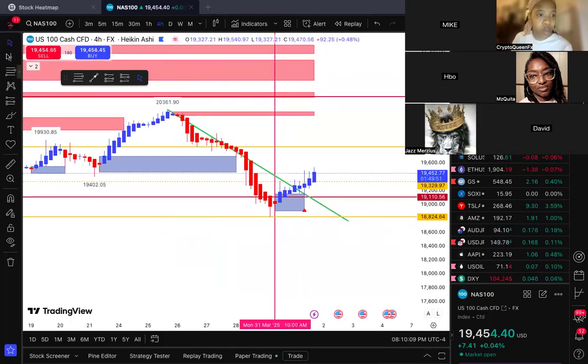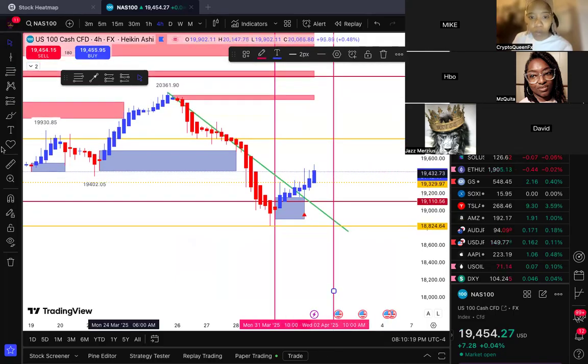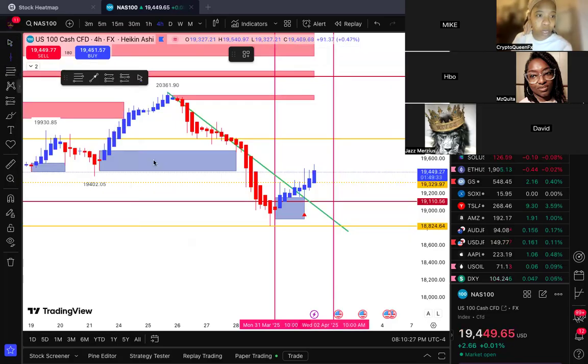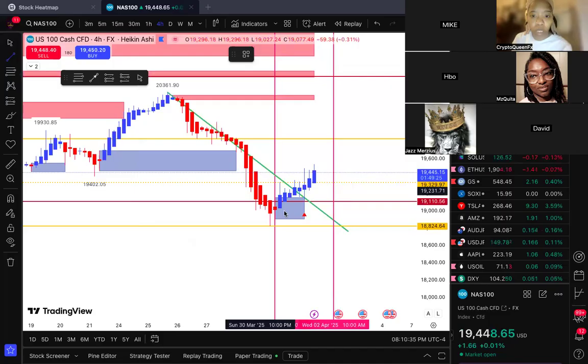For the entry, I will look for it to pull back towards the midweek level of support for entry and set my stop underneath there.